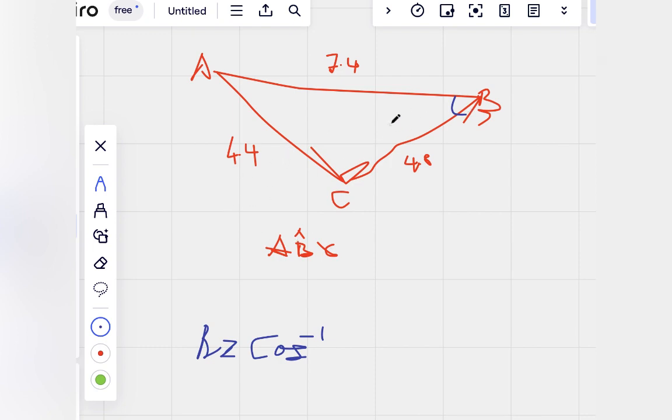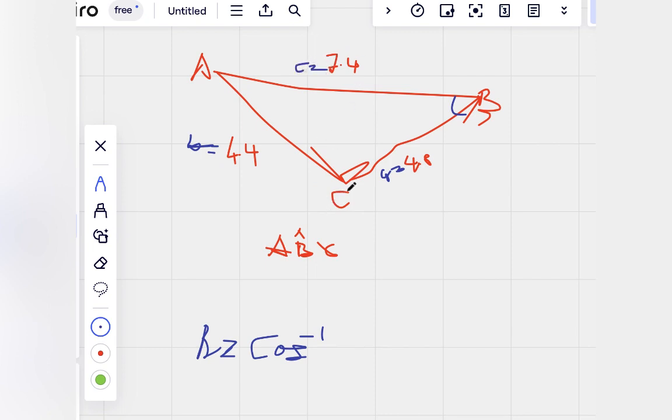Here is our small b, the side facing the big B. The side facing the big A, 4.8, is our small a. The side facing big C is small c, 7.4.